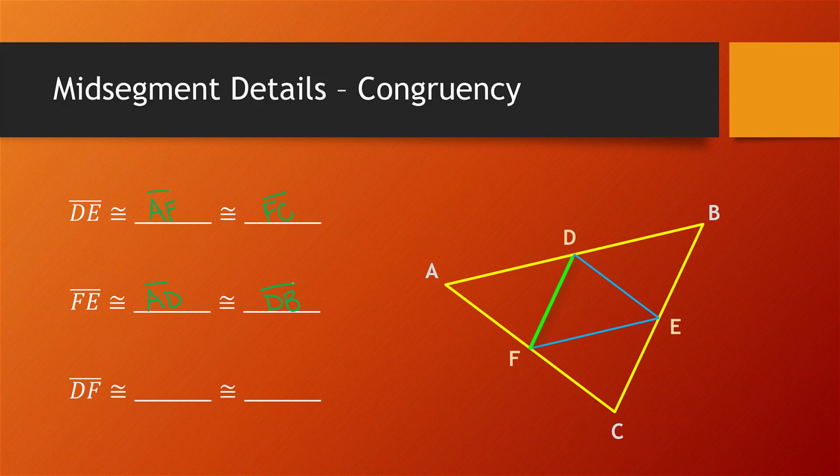DF, my last midsegment: I'm going to pause for a moment and let you figure out which other 2 segments are congruent to DF. Take that segment and slide it across like we've been doing. Alright, so DF is going to be congruent to BE and EC.